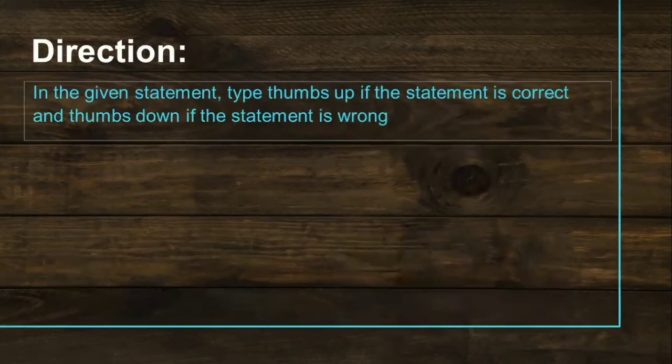In the given statement, you are going to type thumbs up if the statement is correct and thumbs down if the statement is wrong. But to be more lively, I will request you to answer verbally so that we will know if you have really remembered our past lesson. Are you all ready?